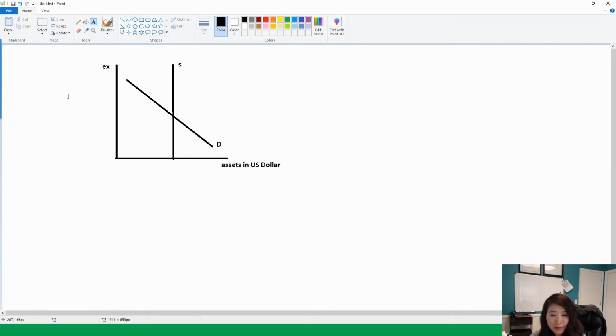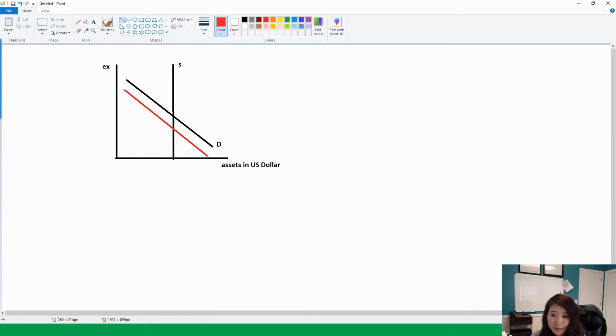Using the diagram we just learned, this is the original supply and demand. When the interest rate goes down, the demand for U.S. assets will decrease to here, so it shifts to the left. After you shift to the left, you notice that the equilibrium point goes down.